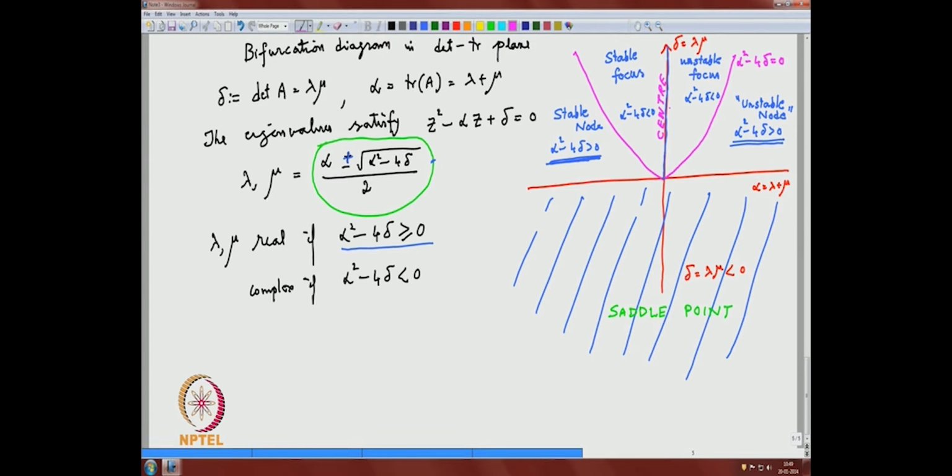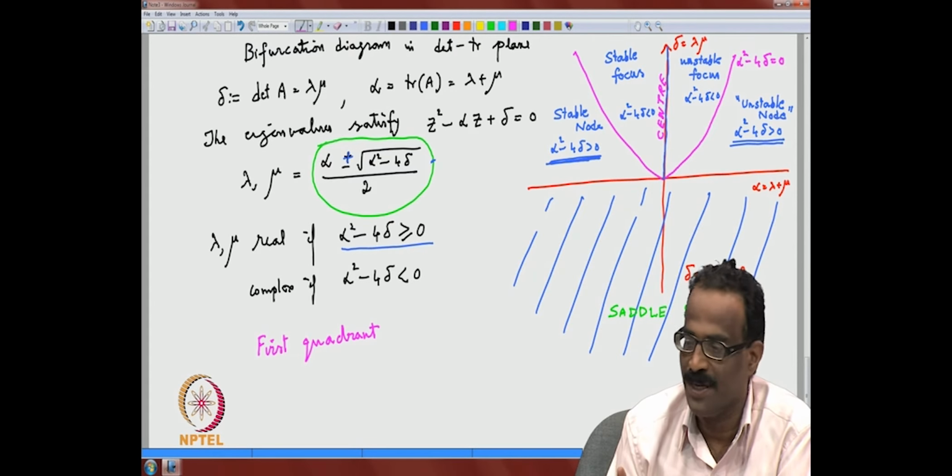So, this gives you in the delta alpha plane a complete analysis of the thing. Okay. So, this portion, the first quadrant, is the unstable quadrant. Of course, the third and fourth are already unstable because of the saddle point equilibrium.